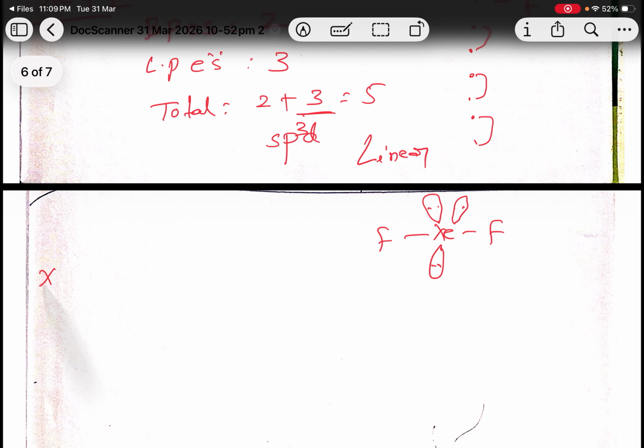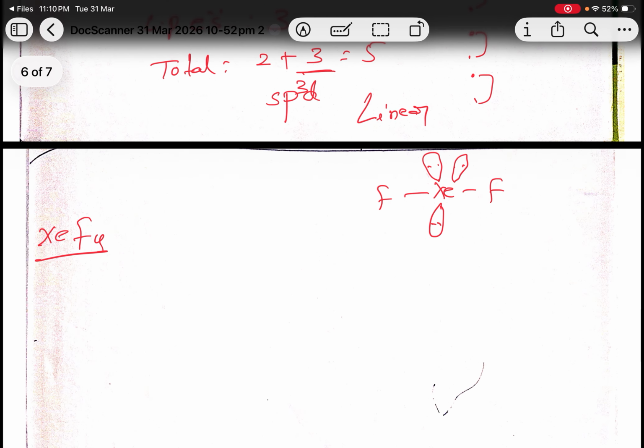Similarly, xenon tetrafluoride, XeF4. Xenon belongs to inert gas, contains 8 valence electrons. Among 8 valence electrons, 4 fluorines form 4 sigma bonds with 4 electrons of xenon. That means bond pair of electrons are 4. Lone pair of electrons 8 minus 4, 4. 4 means 2 lone pairs.